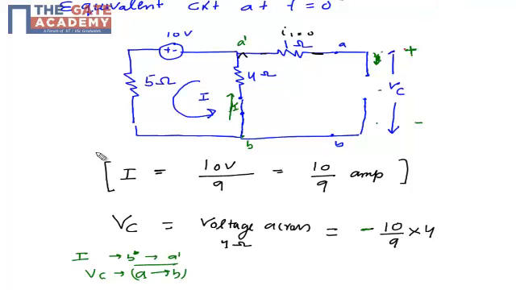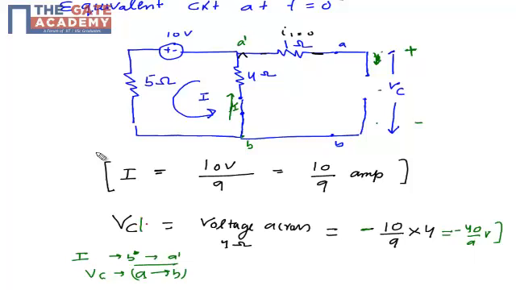So I need to put a minus sign here, and it is clear that my VC is negative. The current is 10 by 9 and the resistor is 4, so my VC is minus 10 by 9 into 4, or minus 40 by 9 volt.